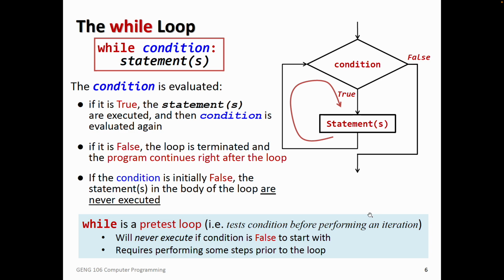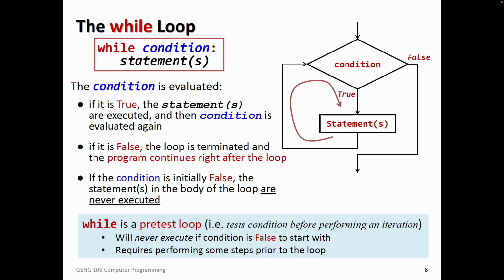So in a while loop, those statements might not be executed at all, because at that point the condition is false. Basically these statements can be run 0 times, or we might run them multiple times.